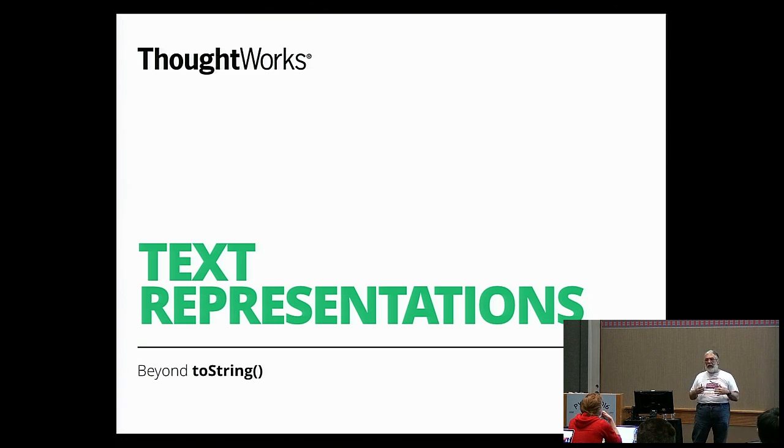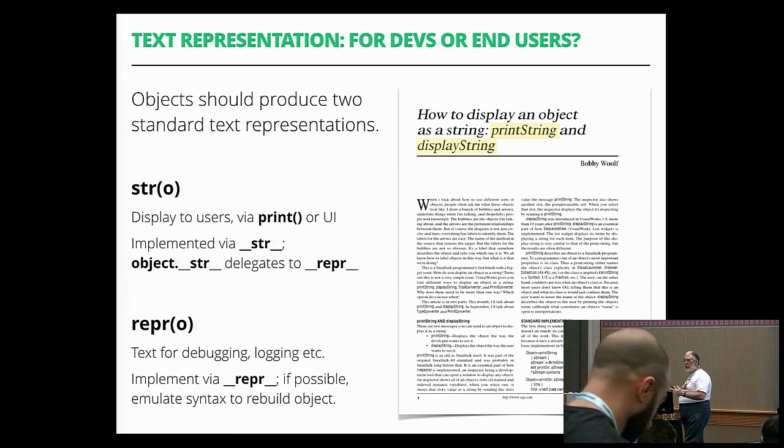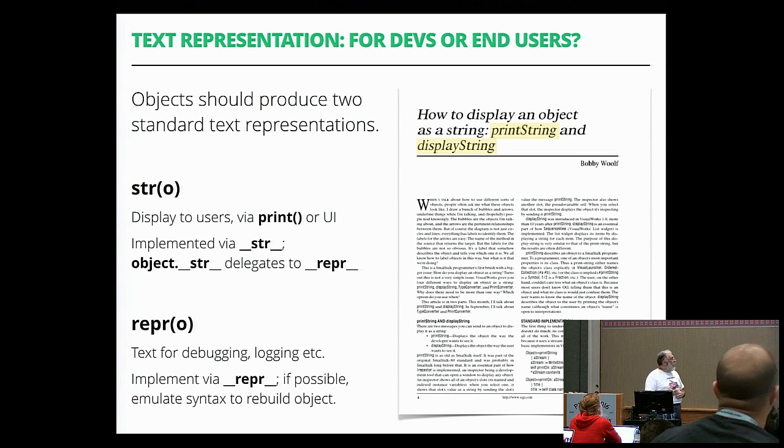Because for debugging, we need a precise representation of the object, and for presenting to end users, that precise representation is probably going to have too many details that are confusing to the end user. So that's why Python has two standard ways of turning arbitrary objects into strings. One is the str built-in function, and the other is the repr built-in function.